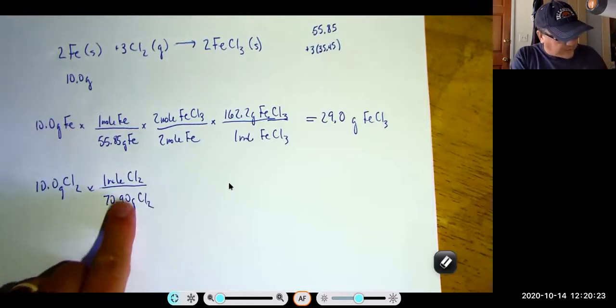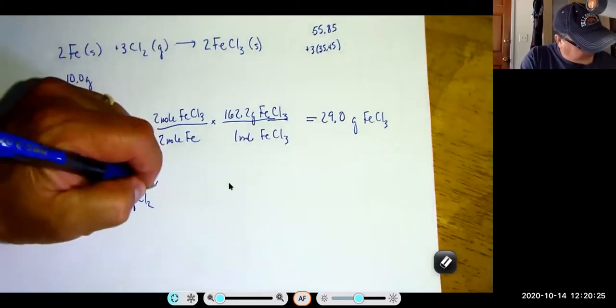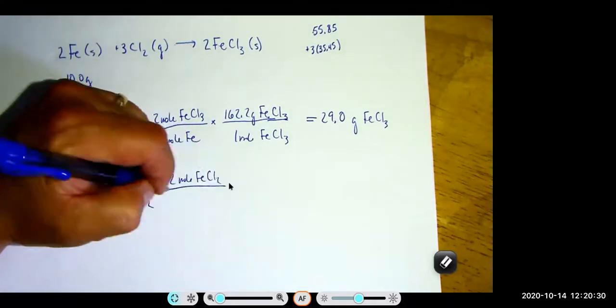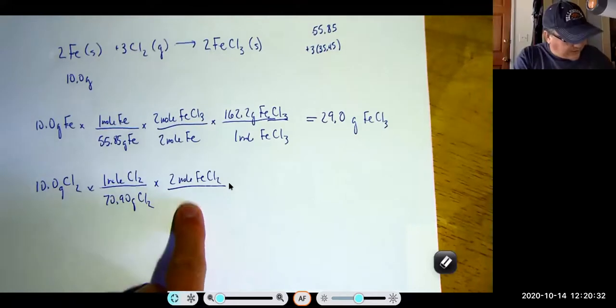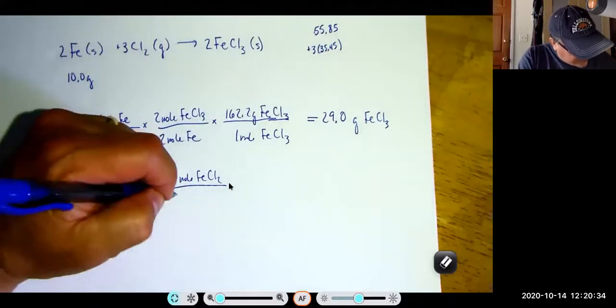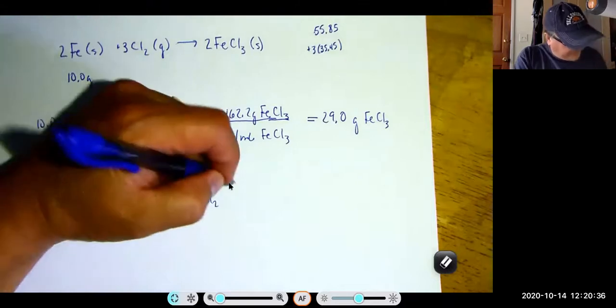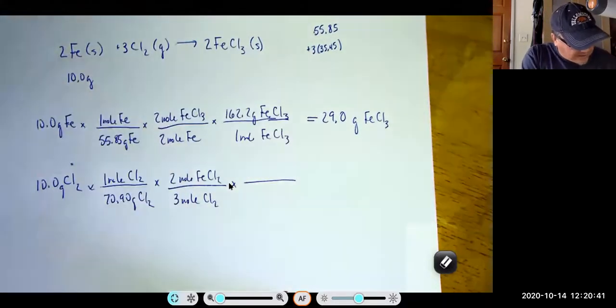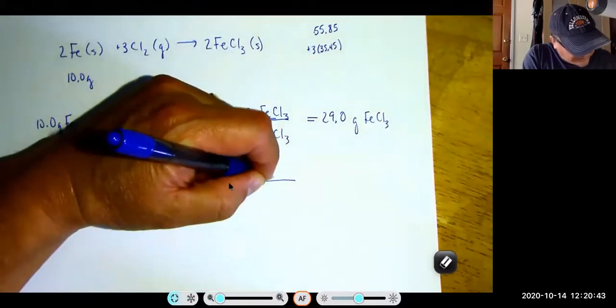This is the molar mass of chlorine. Here I'm going to use the balanced reaction. And then here I'm going to use the molar mass of iron 3 chloride, which I've already figured out is 162.2 grams.